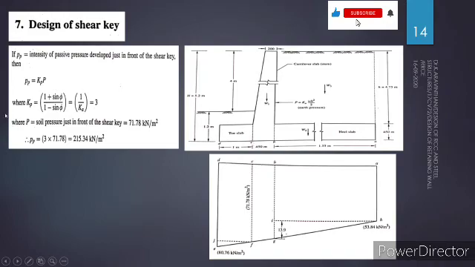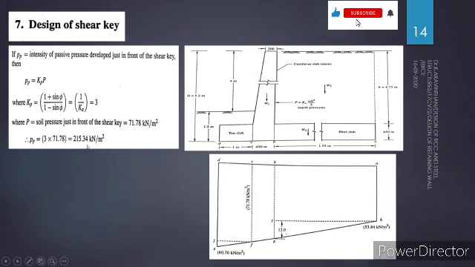So let us find the passive earth pressure. See here the term which is indicated as passive, Kp. Kp is the inverse of Ka. Ka is 1 by 3, so if you invert 1 by 3, you will get 3. Then you have to multiply it by the soil pressure just in front of the shear key, that is 71.78.